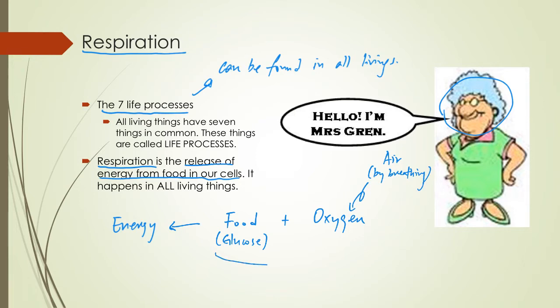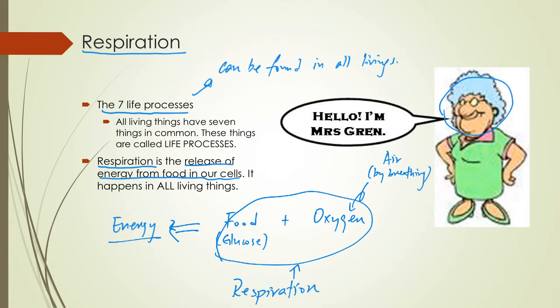These two combined together will give you energy, and we call this process respiration. That's why respiration is very important, because all living organisms need energy. It's a chemical equation. So you can somehow think of why all living things need food and need oxygen: because all of them perform respiration. The reason is simple, they need energy.